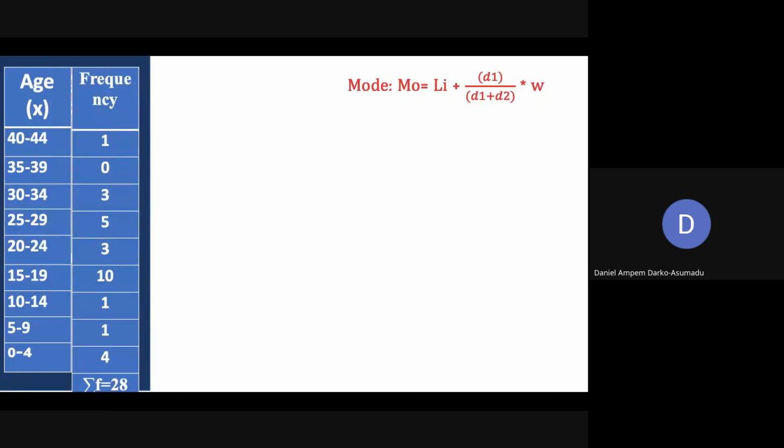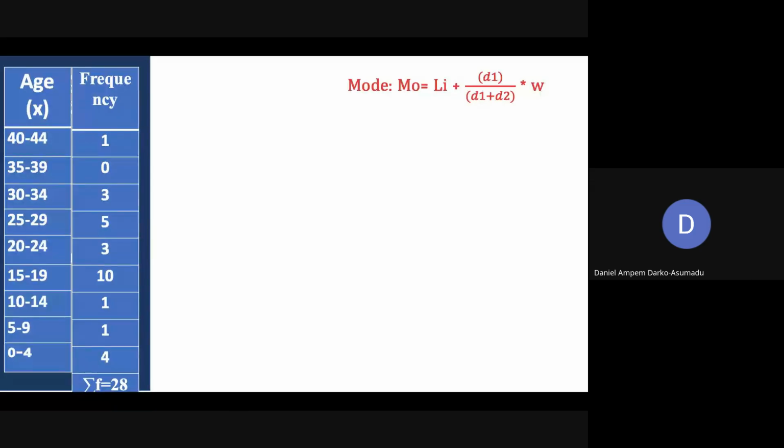D1 is the difference between the modal frequency and the frequency immediately preceding the modal frequency. D2 is the difference between the modal frequency and the frequency immediately after the modal frequency. W is the width. You made these explanations clear.